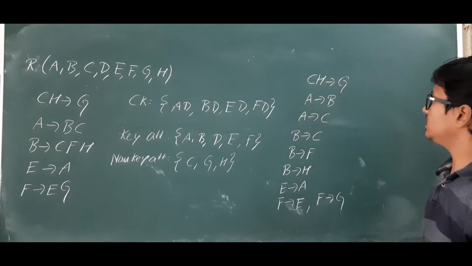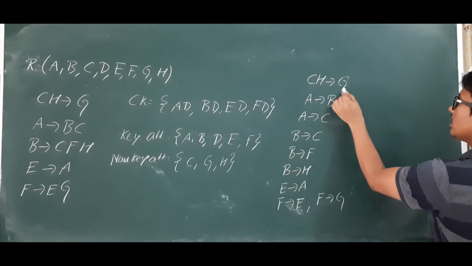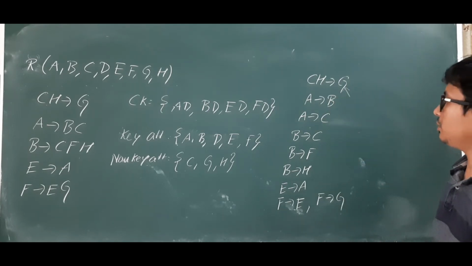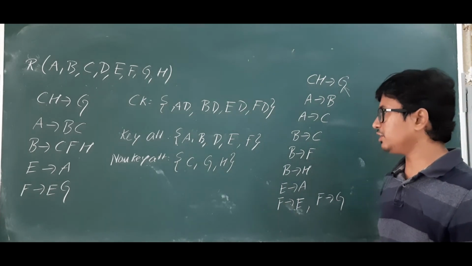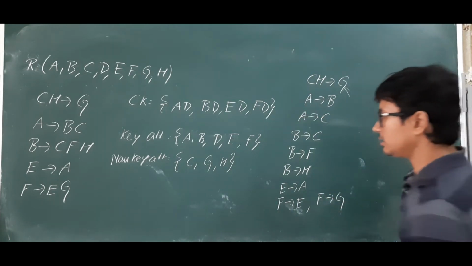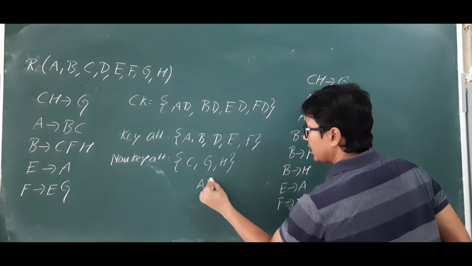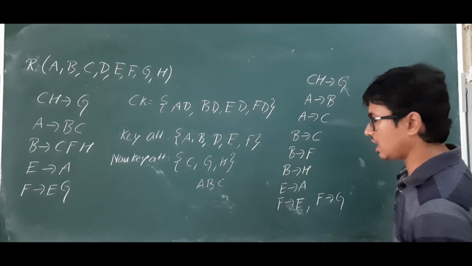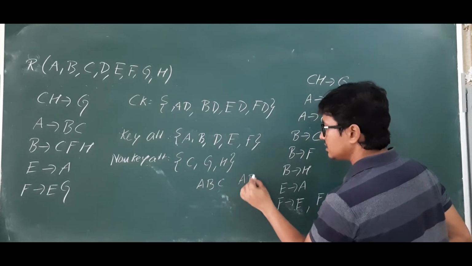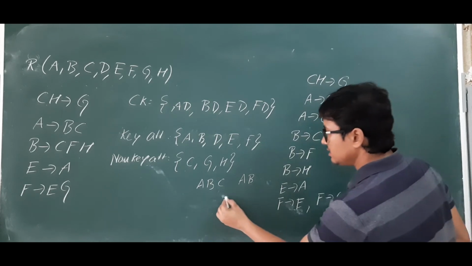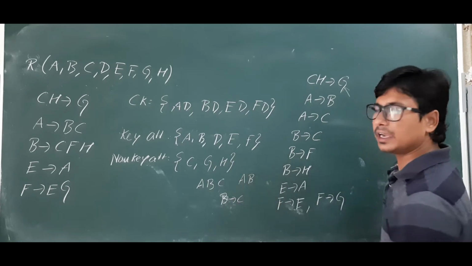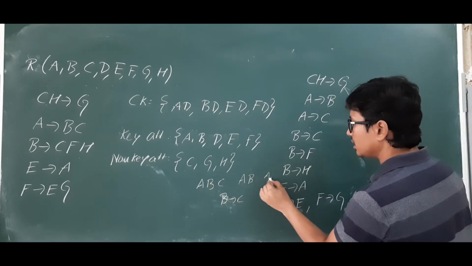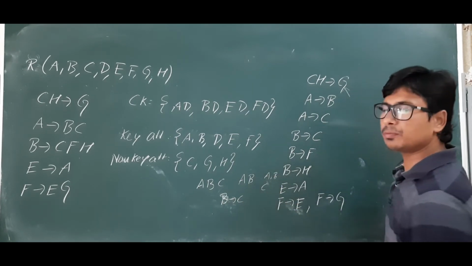Now come to the first FD, CH determines G, where G is a non-key attribute. And what is a partial dependency? If you have not gone through the earlier video, let me discuss what a partial dependency is. If you have attributes ABC in the relation R and AB is a candidate key, and there is an FD B determines C, then A and B are prime attributes and C is the non-prime attribute.